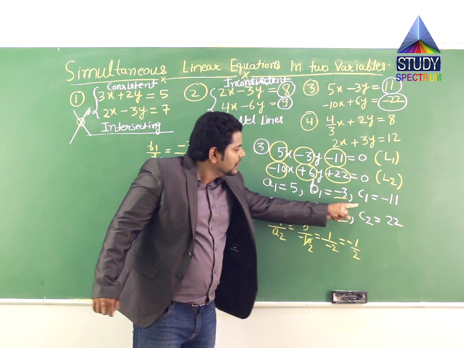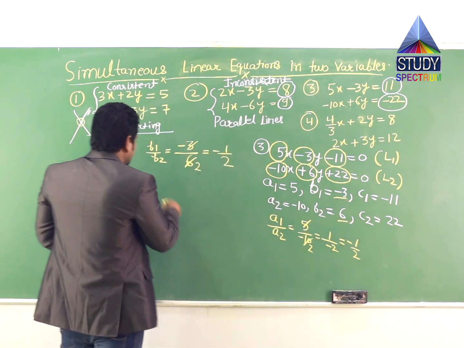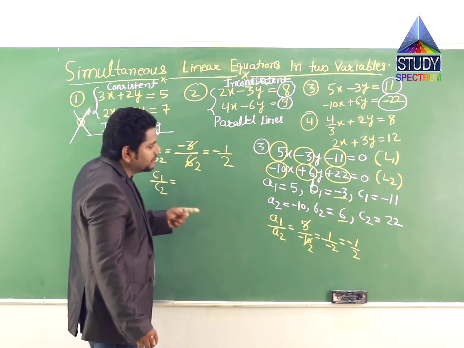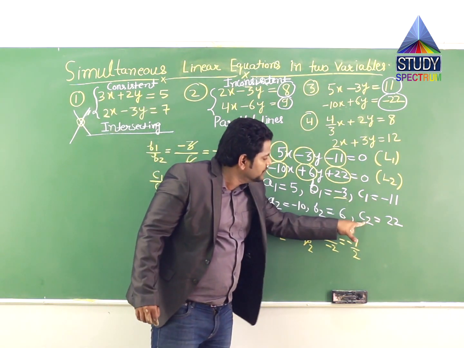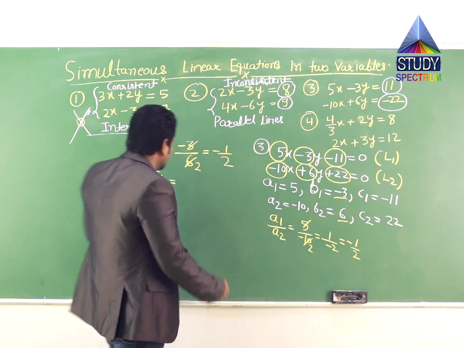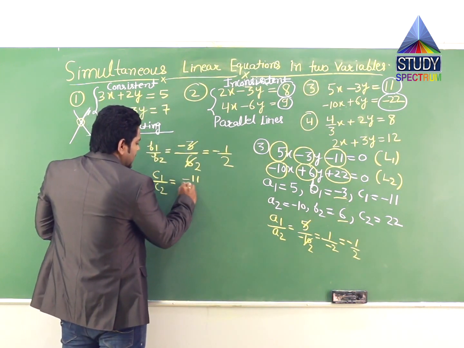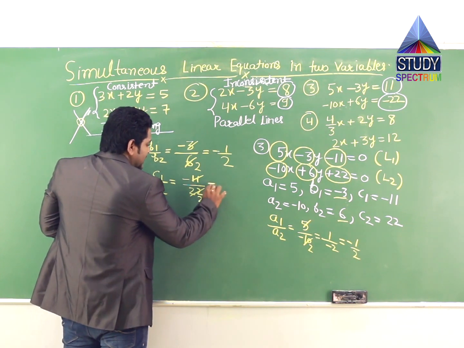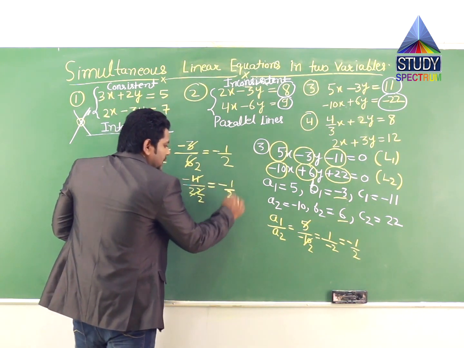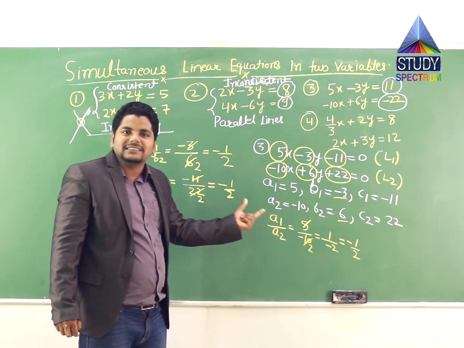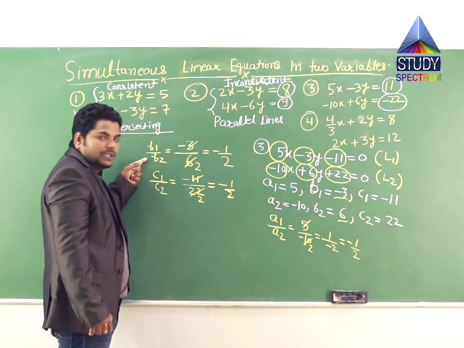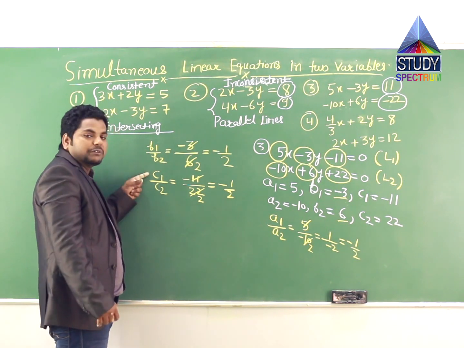Now C1 by C2: C1 is minus 11 and C2 is plus 22, 11 twos are 22, so it is again minus 1 by 2. In this case, A1 by A2 is equal to B1 by B2, and these two are also equal to C1 by C2.